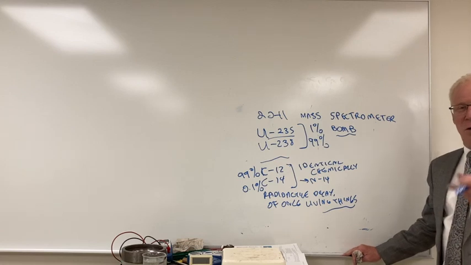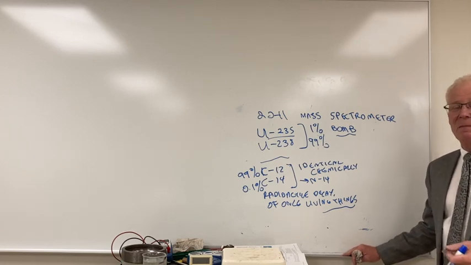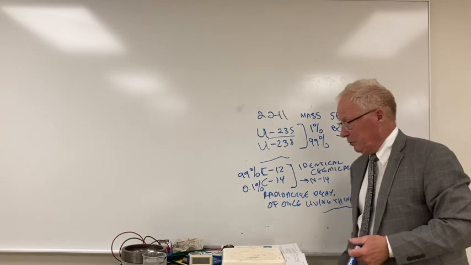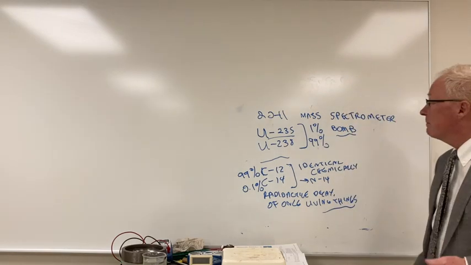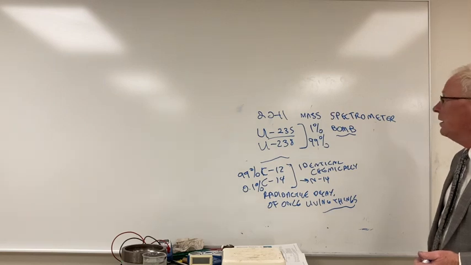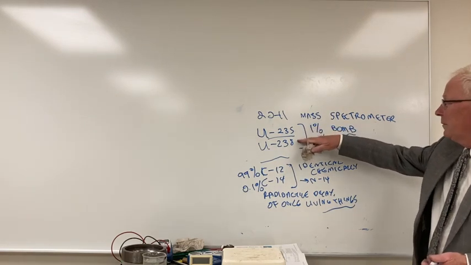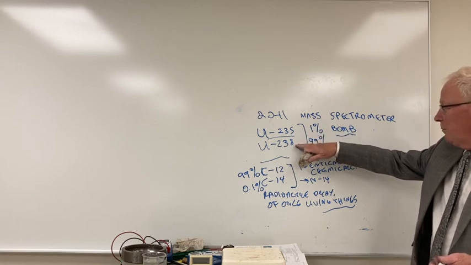You're not going to grab one atom at a time. I suppose you could, but it'd take about 10 jillion years to get enough to do anything. So the way you do this is by taking advantage of a difference. Both are the same chemically, but this one weighs slightly more than that.